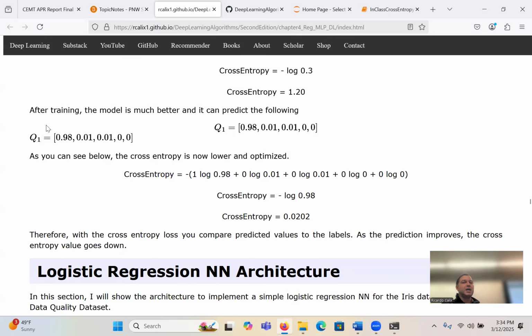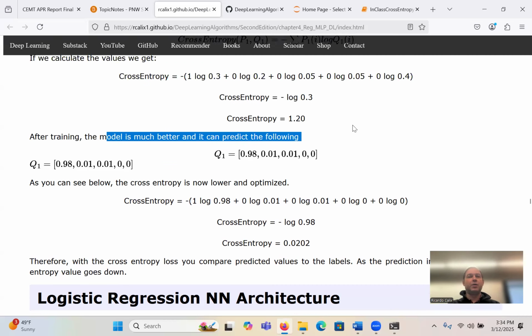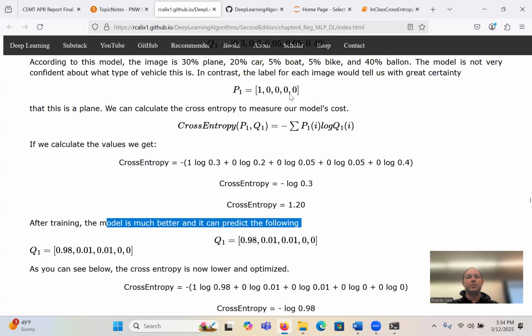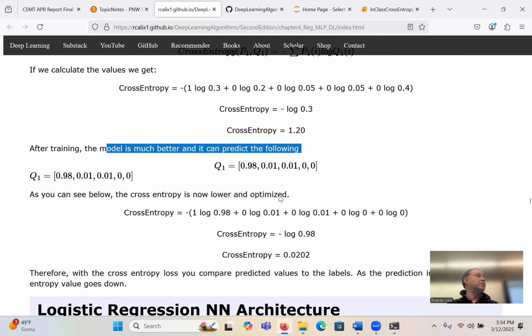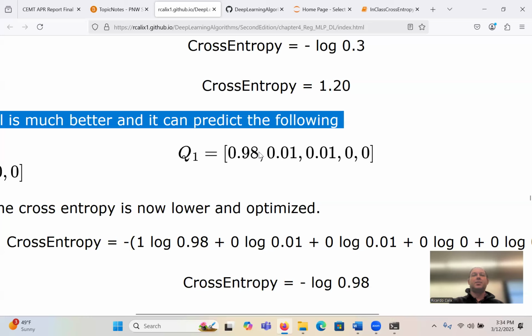Now the model is much better, and it can predict the following. Notice the real vector is still the same, 1, 0, 0, 0 for an airplane image. And this is what the model says about that image: now it thinks it has a probability of 0.98 that it's an airplane.